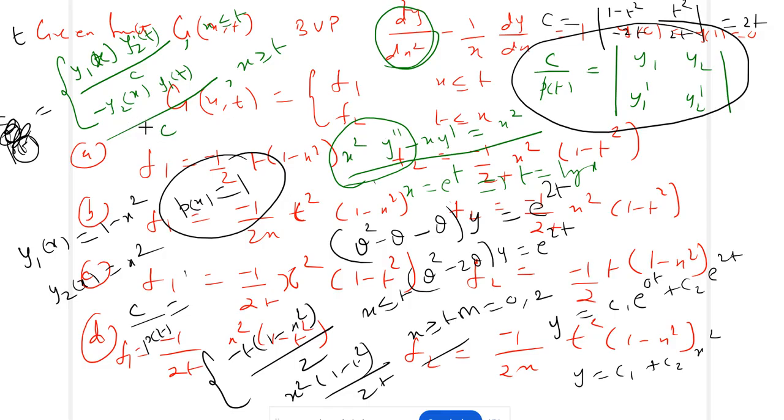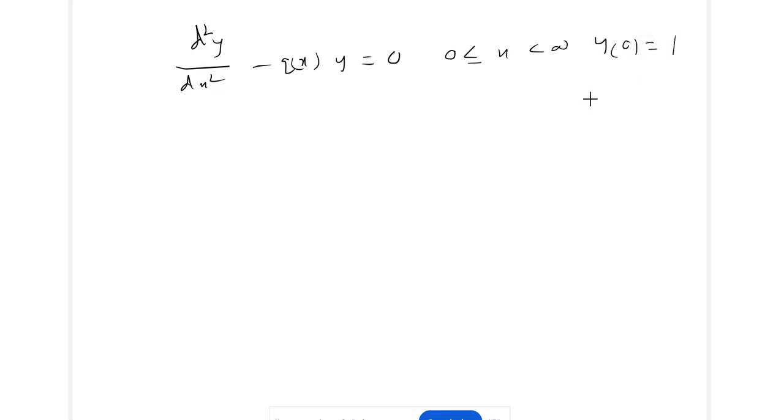Another problem, a very simple problem. d square y by dx square minus q of x into y equal to 0, for 0 less than or equal to x less than infinity, with y of 0 equal to 1 and dy by dx of 0 equal to 1.